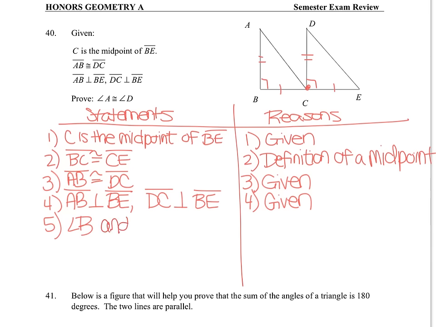So these two angles are right angles, and that's due to the definition of perpendicular lines. So if I know that these two are right angles, I then also know that angle B is congruent to angle DCE. And this is because all right angles are congruent.